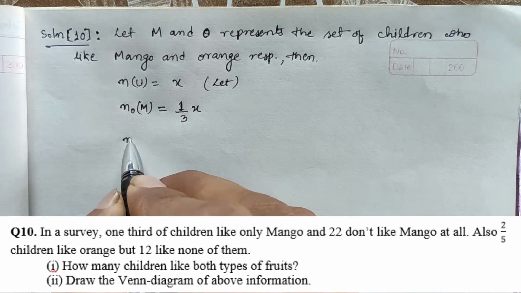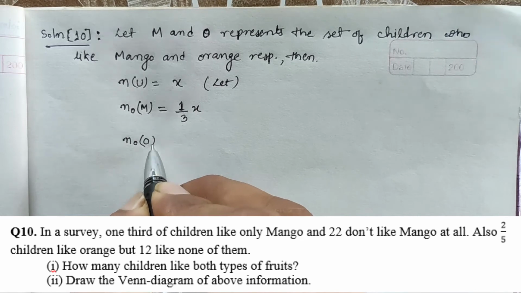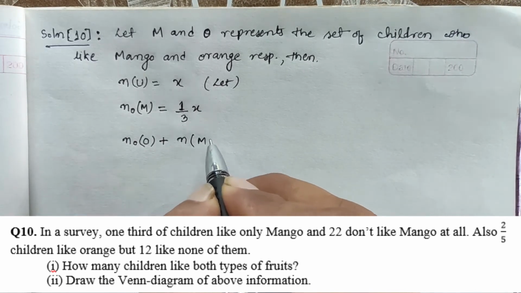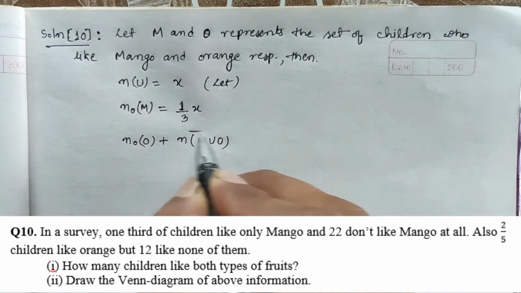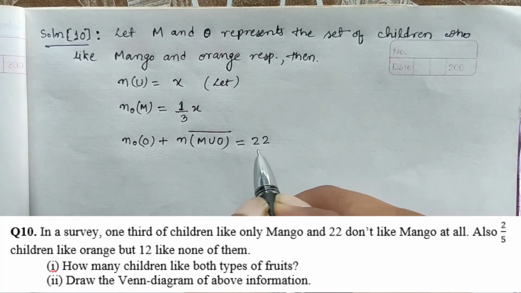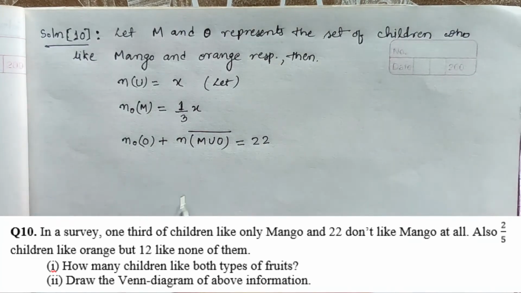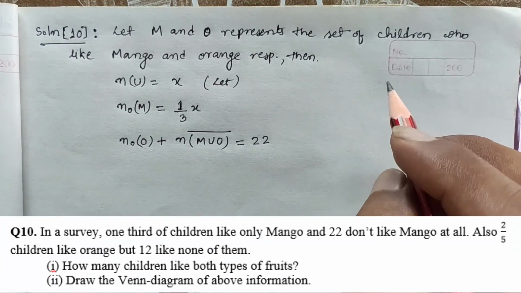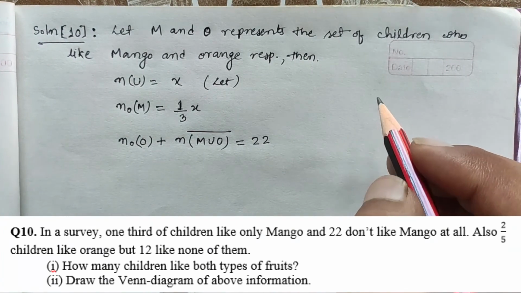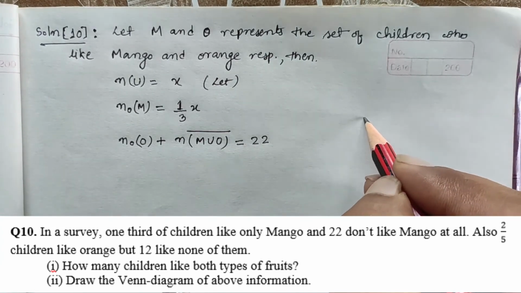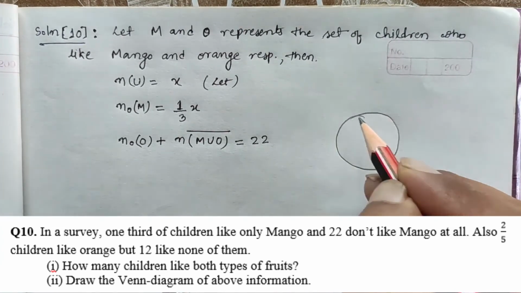Don't like mango is n only O part plus the complement of M union O part, which is 22. So I will explain this in the Venn diagram also. So let's explain it on the Venn diagram, then we will write the part to find, what we have to find. Okay, so let's see how it is seen in the Venn diagram.